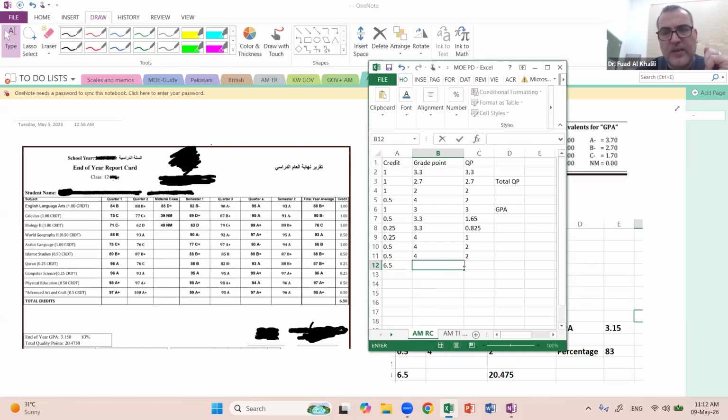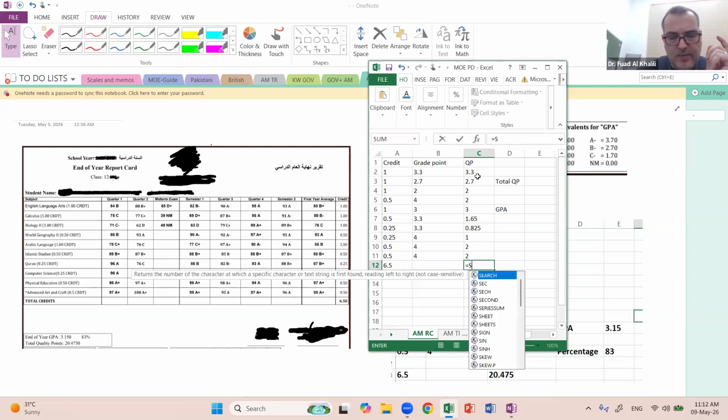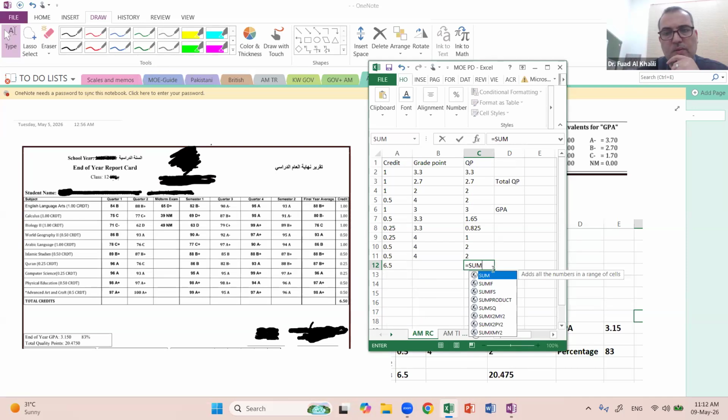Then we add these quality points. What is the total quality point he attained in grade 12? He managed to collect in grade 12, this student collected 20.475 quality points.